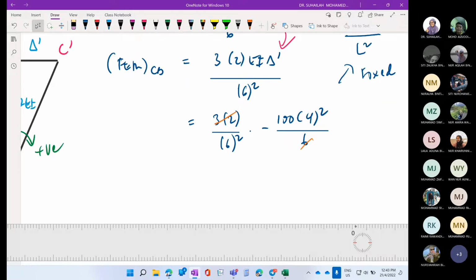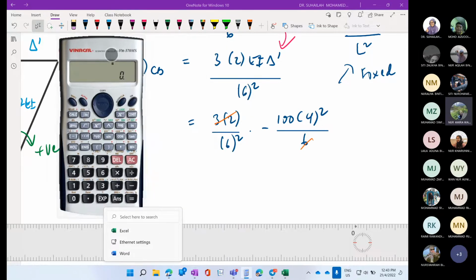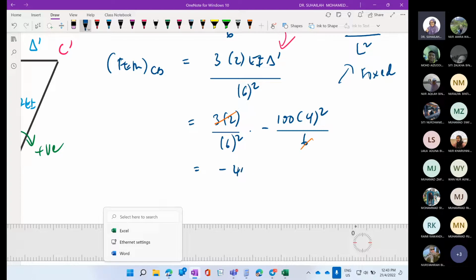Right? So it is 44.444. It is negative 44.444 kilonewton meter.